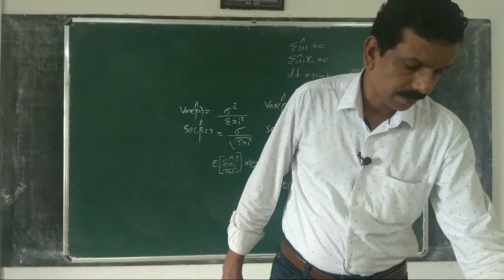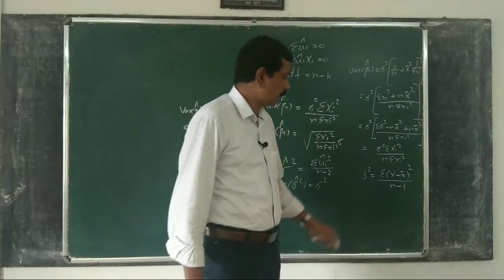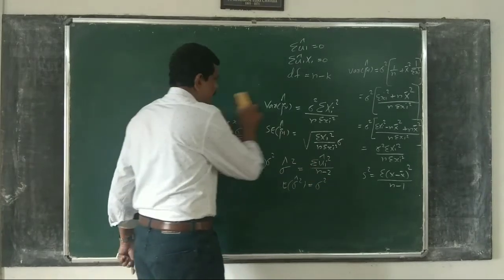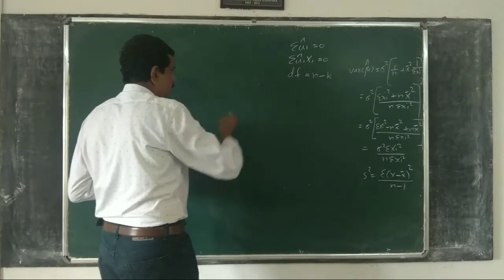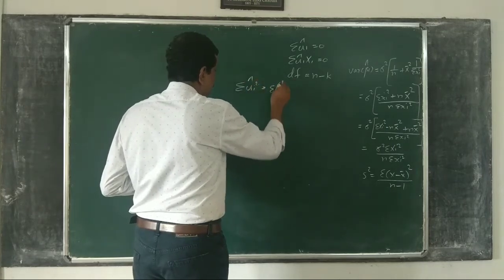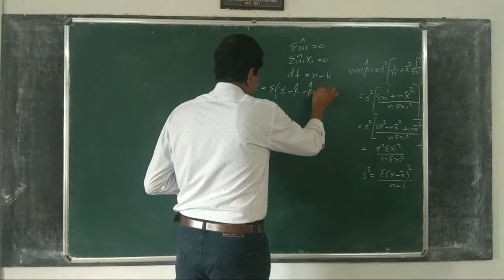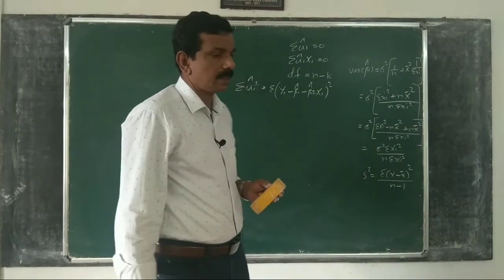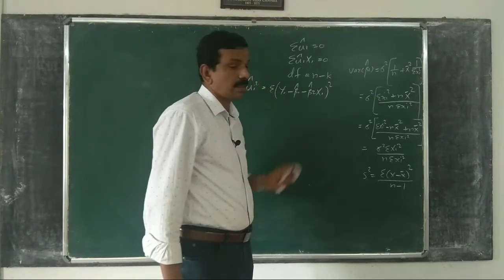Now one more point is, the question is, how do we calculate sigma u hat i square here? Actually sigma u hat i square is equal to sigma of yi minus beta 1 hat minus beta 2 hat xi, the whole square. Once beta 1 hat and beta 2 hat are calculated, then it is easy to calculate sigma u hat i square.